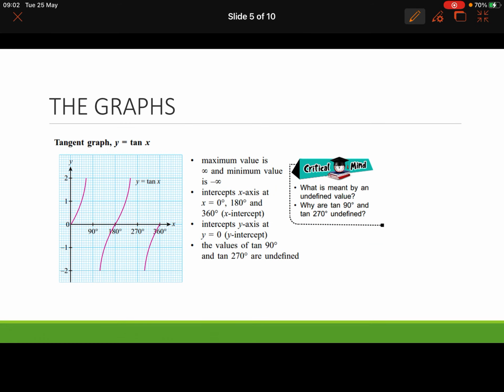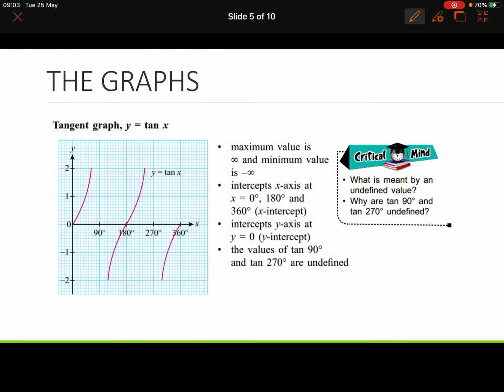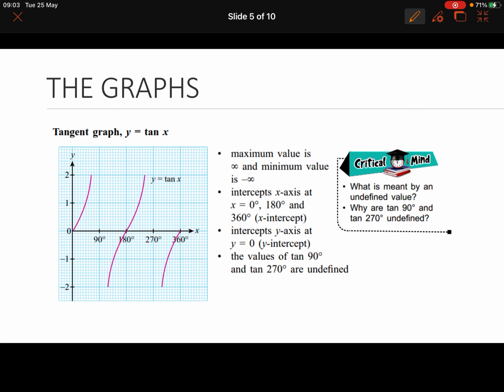Okay, next, the graph of y equals tan x. The maximum value is infinity, and the minimum value is negative infinity. Remember that we don't have a maximum value in this graph.